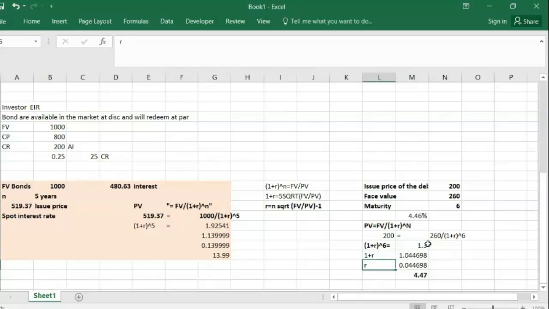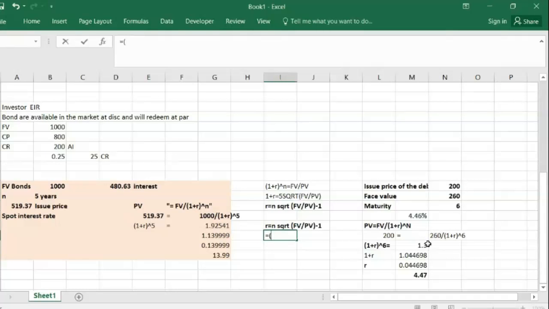So this is one specification. We went along with the derivation method of using present value calculation, or else simply you can adopt this. So here, the nth root. Before that you need to take the future value. Future value is the face value.